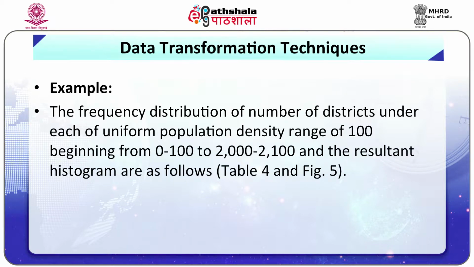The frequency distribution of number of districts under each of uniform population density range of 100, beginning from 0 to 100, up to 2000 to 2100, and the resultant histogram are as follows, as shown in table 4 and figure 5.